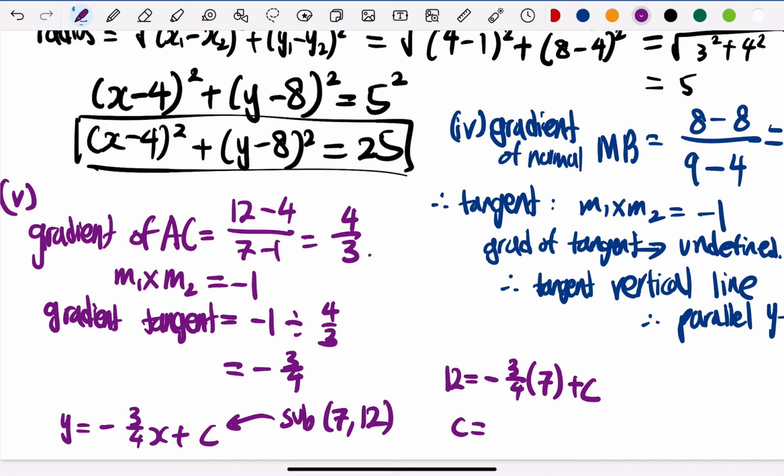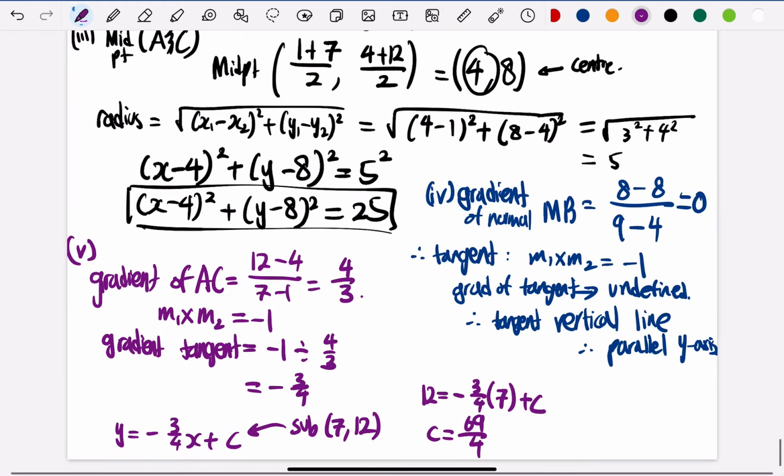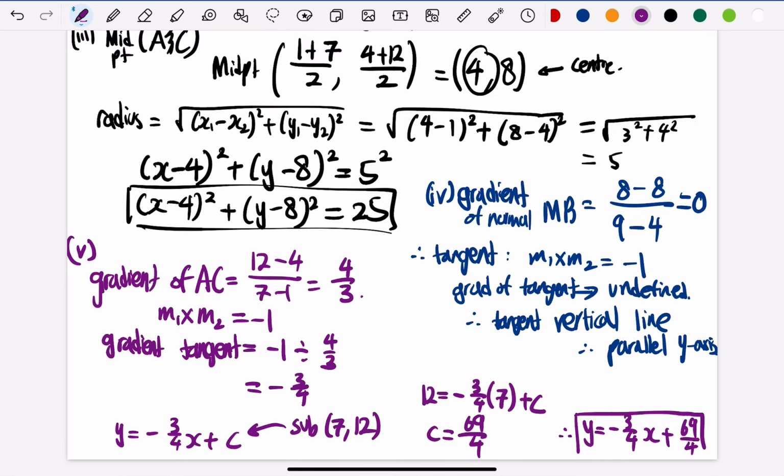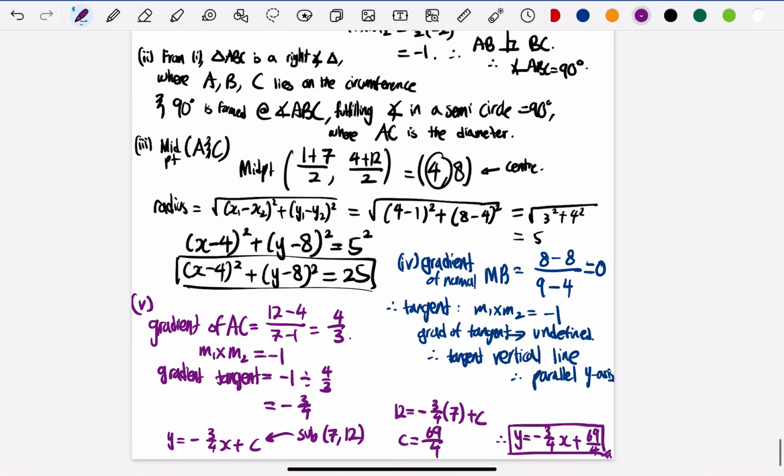Simplify, my c value will just give me 69 over 4. And therefore the equation of your tangent would just be y equals -3 over 4 x plus 69 over 4. And this is your answer for the last part of this circles question.